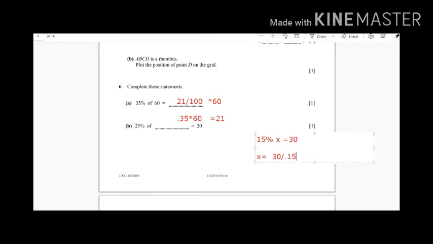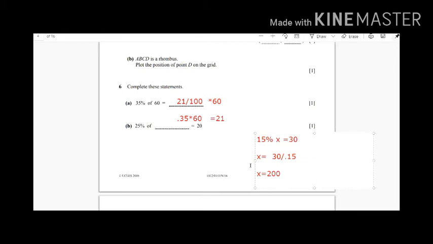So basically I move 15% under the 30. It will become the denominator. So x will be 30 divided by 15%. Now what will be the value of x? This is the easiest way. Now you can divide 30 by 0.15. So what will be the answer? 200. Your answer is 200.